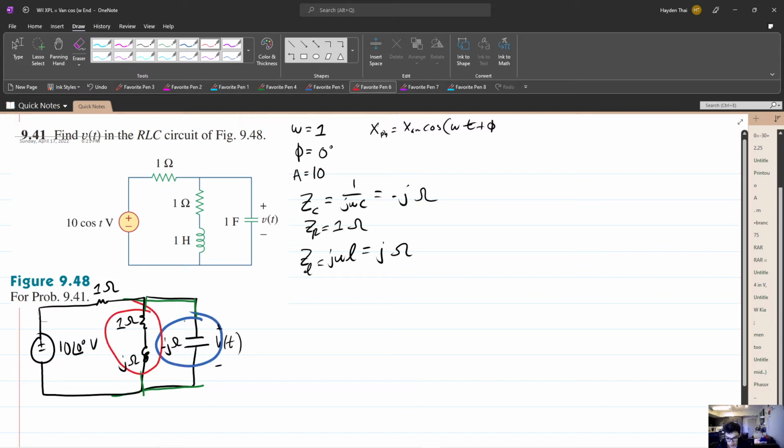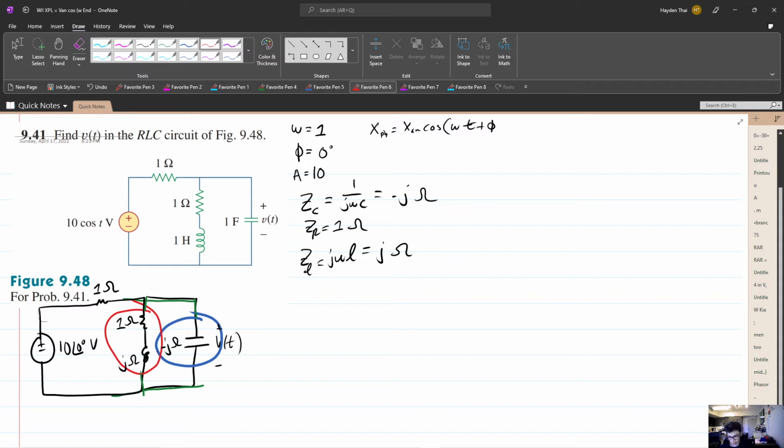The ones in red, if I combine them, it's just going to be 1 plus J omega, and we can combine them because they're connected in series. After you combine them, you're left with one element, and that element is connected to the blue circle in parallel. If you're wondering why they're in parallel, it's because they share those two green nodes.